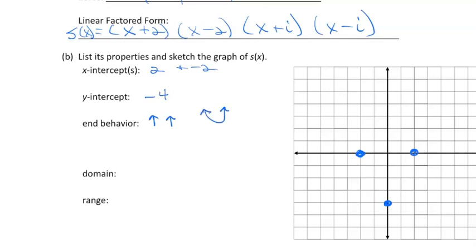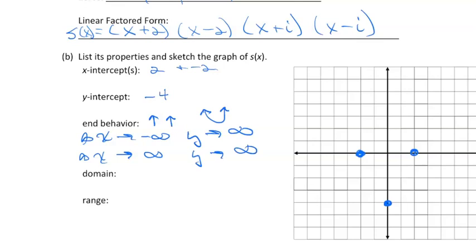So I'm going to say, as x approaches negative infinity, y is going to be approaching positive infinity. As x approaches positive infinity, y is still going up because it was up, up. Okay, so let's get a little picture here.